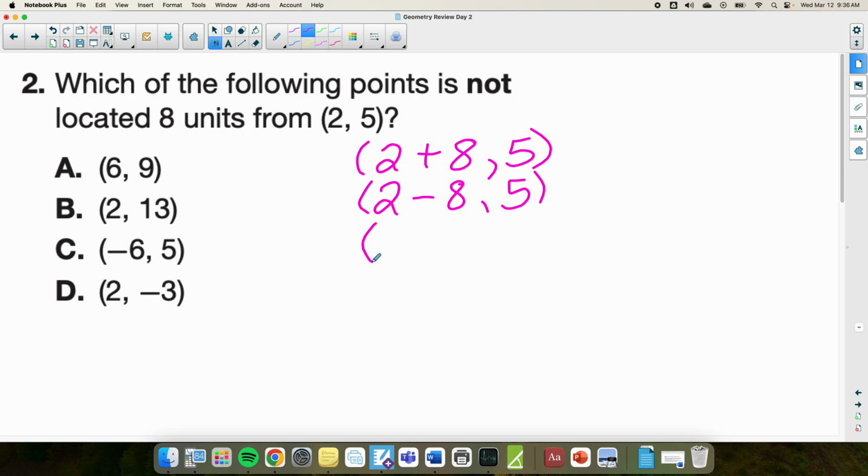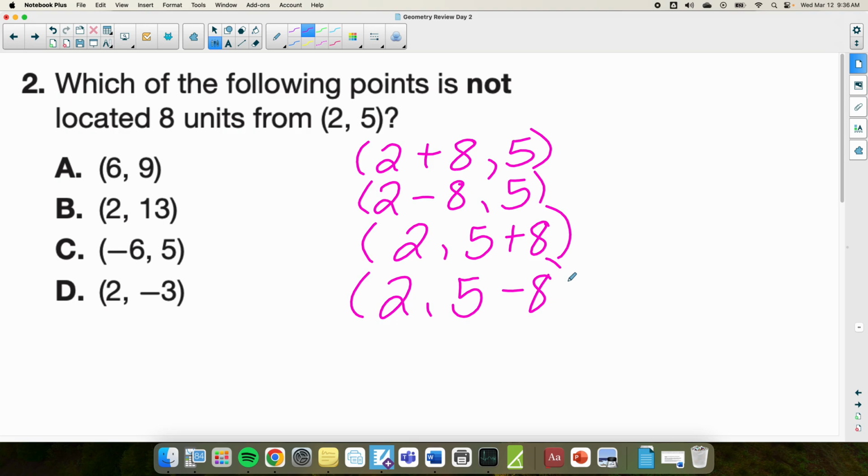Then for the last 2, I keep my x the same, but I add 8 to my y, and then I subtract 8 from my y. Okay? Do you guys understand how I did the plus 8, minus 8, plus 8, minus 8?